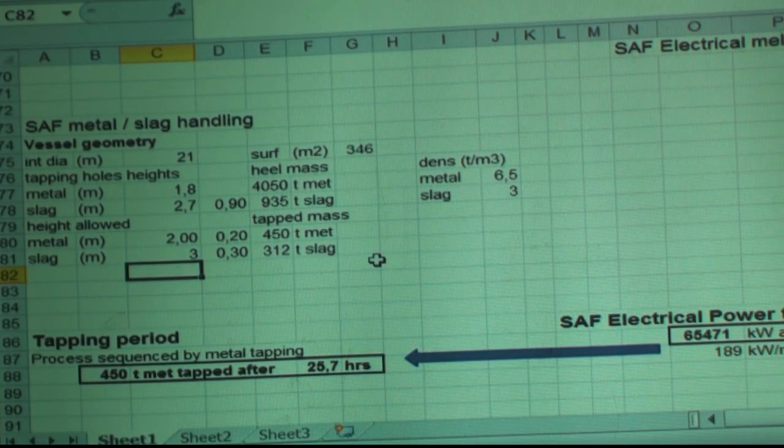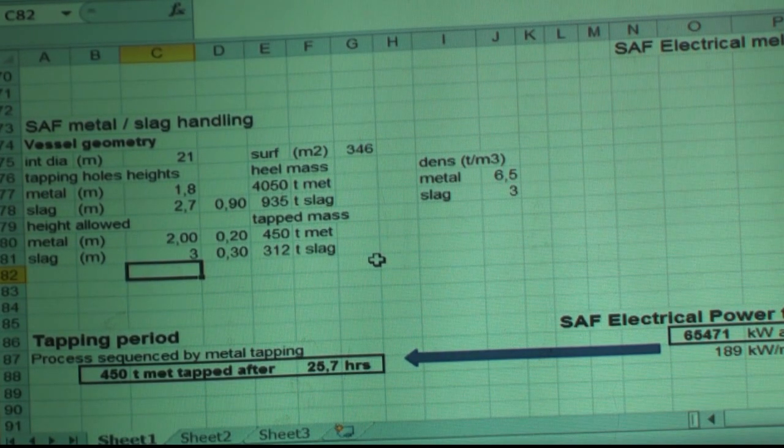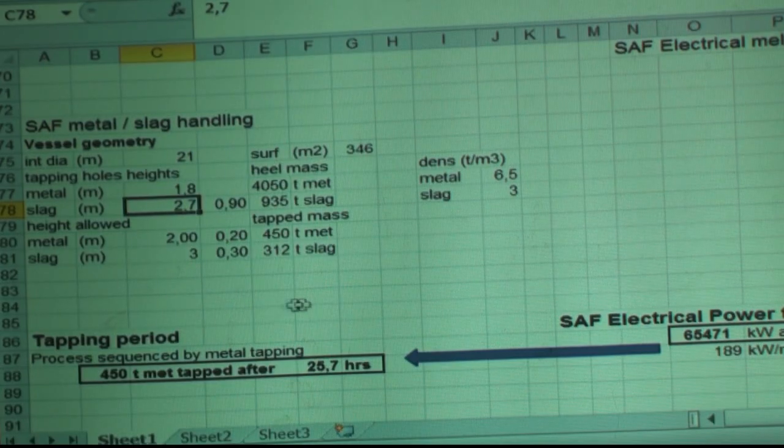How much do they tap? 450 tons? No. I have just put some figures as an example. You have to adjust this. But this one, of course, must be more than this one. And this one must be more than this one, because we want to keep some slag.